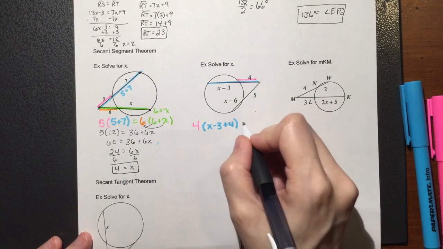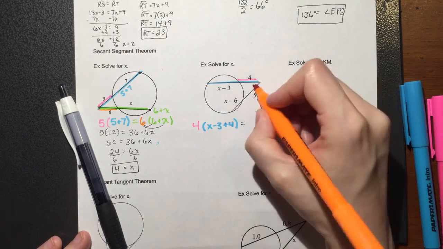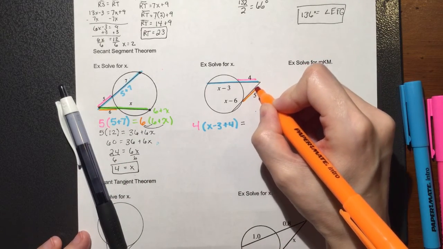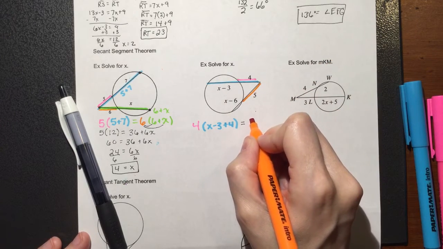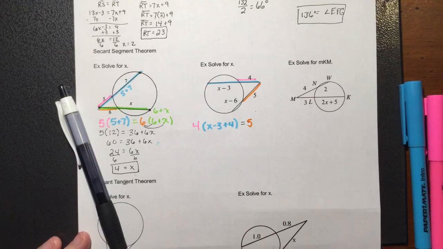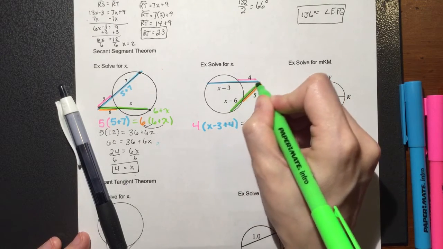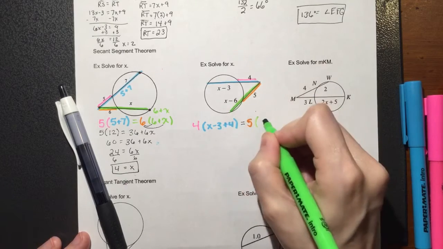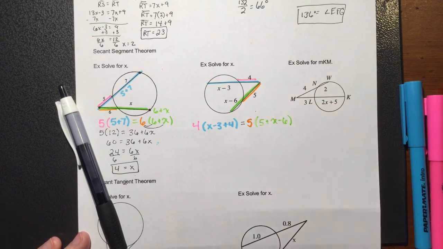That's going to be equal to, and then looking at the other one, here is our external secant segment, so 5 times the secant segment, and the secant segment is that whole big thing, so 5 plus x minus 6.